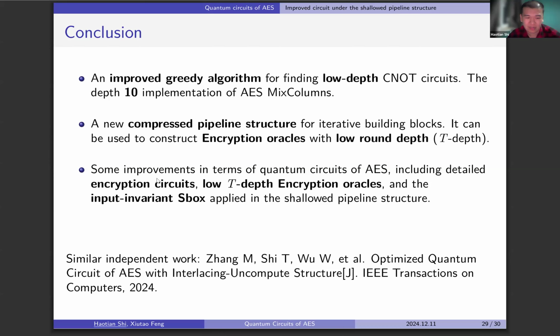We further gave some improvements in terms of quantum circuits of AES, including detailed encryption circuits, low T-depth encryption oracles, and the input invariant S-box applied in the shallowed pipeline structure. This is all of our work, and it is worthy to note that there is a similar independent work by John et al. They obtained almost the same results as us, and it is a very interesting thing.